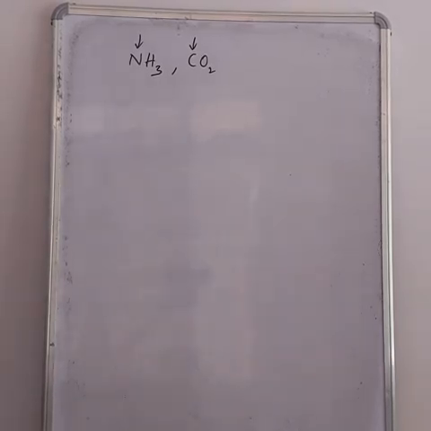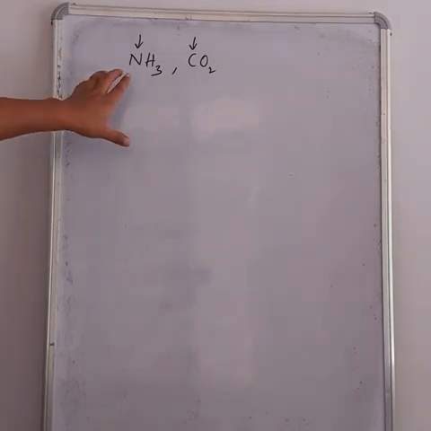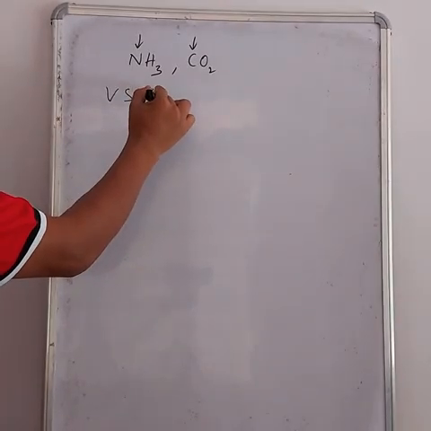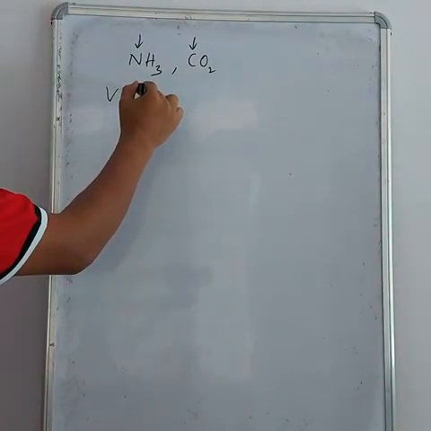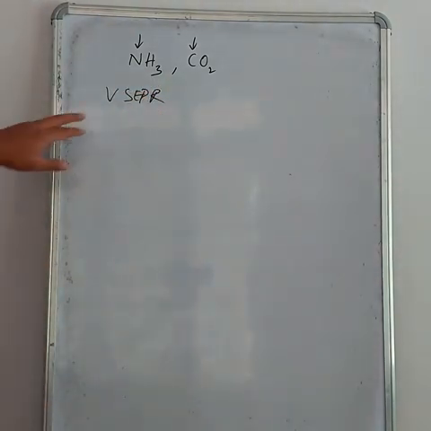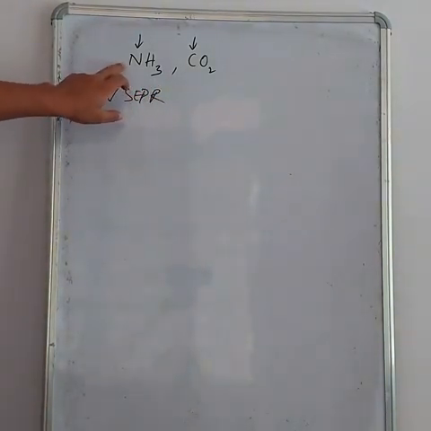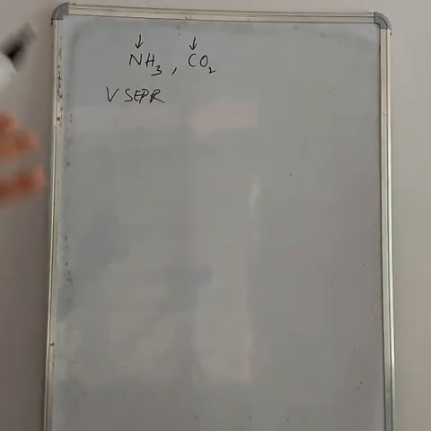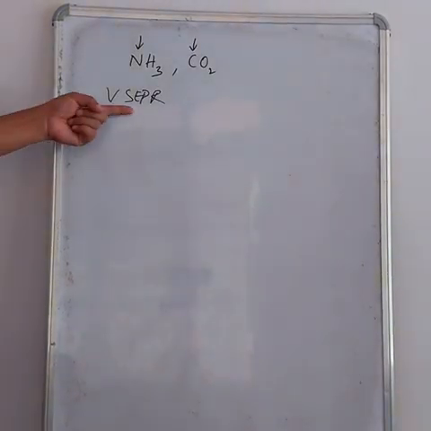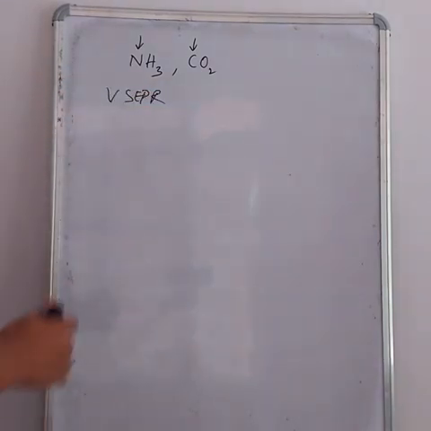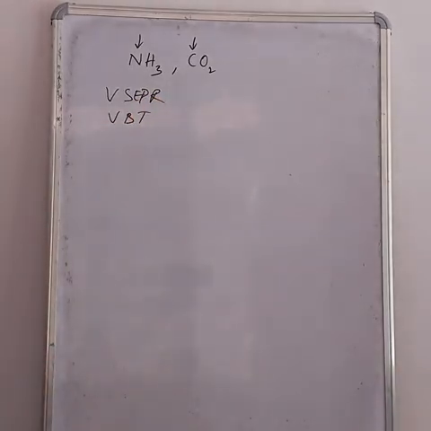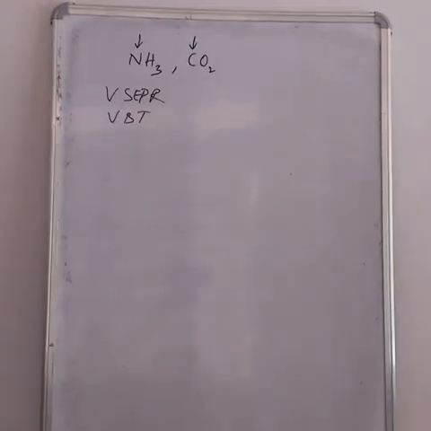I want you to first predict the structure of ammonia as well as carbon dioxide from the VSEPR model. So the VSEPR theory will give you the prediction of the molecules, whether it would be linear, trigonal, tetrahedral, octahedral, and so on. So try to predict the structure, and then the hybridization state from valence bond theory. So you understand more if you practice.